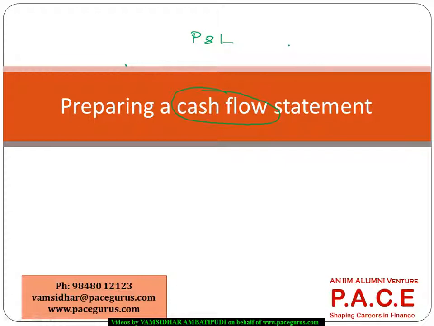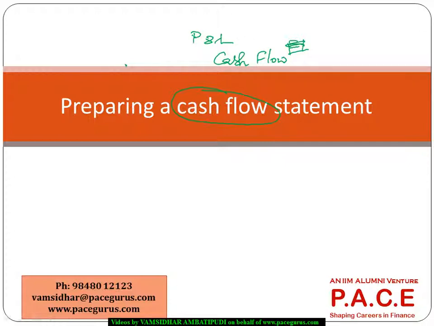And from any financial analyst's standpoint, the focus is more on the cash flow statement than the P&L statement, because it talks about the real presence of money, or the real movement of money either coming to the company or going away from the company.